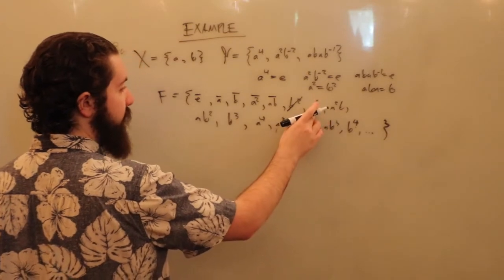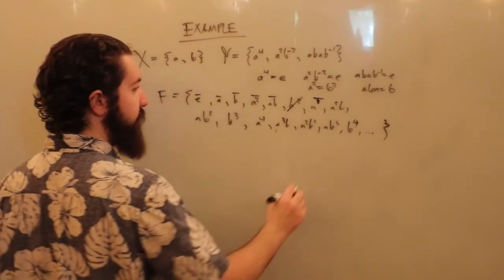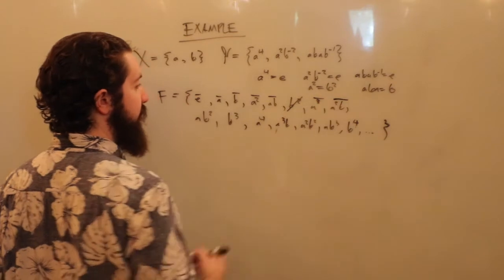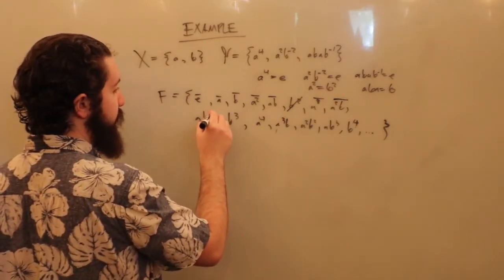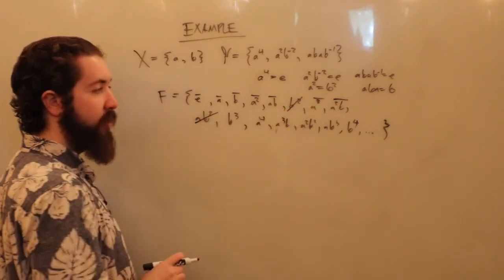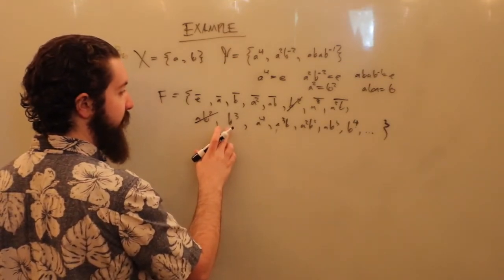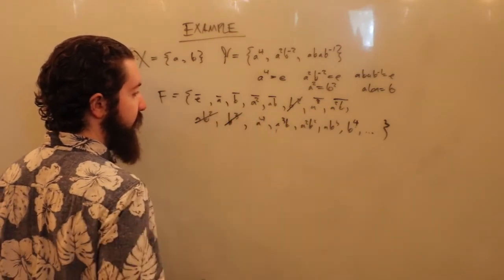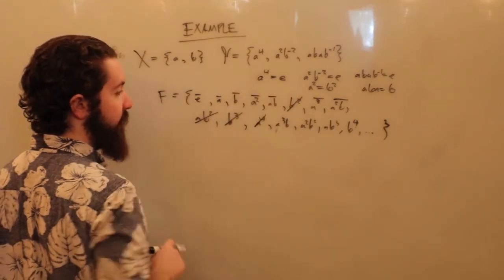A cubed is going to have its own equivalence class. A squared B is going to have its own equivalence class. AB squared is going to actually be a member of the A cubed equivalence class. B cubed is going to be the same as the A squared B equivalence class. A to the fourth is going to be a part of the identity equivalence class.